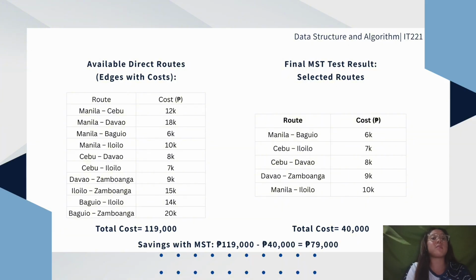This represents a cost savings of 79,000 pesos. This optimized selection ensures that every city is connected with the minimum necessary infrastructure, eliminating redundant or expensive routes while maintaining full connectivity. Therefore, applying Kruskal's algorithm provides a practical and efficient approach to minimizing travel setup costs in network design.